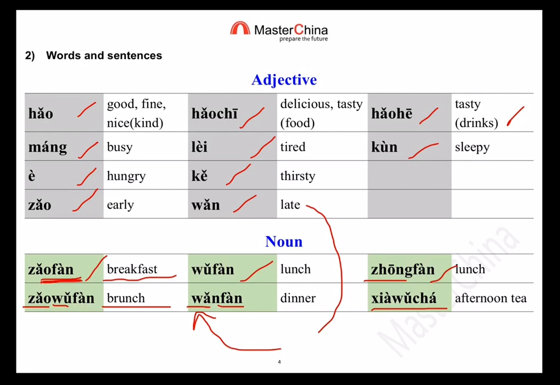How to say it? 午饭见, right? Or 晚饭见, dinner, see you at dinner. So this is another kind of appointment. We can use the time word. So this is just a different kind of time word. Or 下午茶见, see you at afternoon tea.